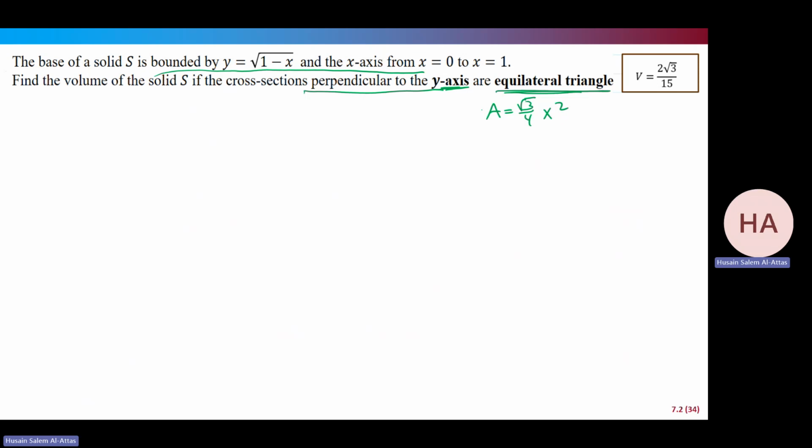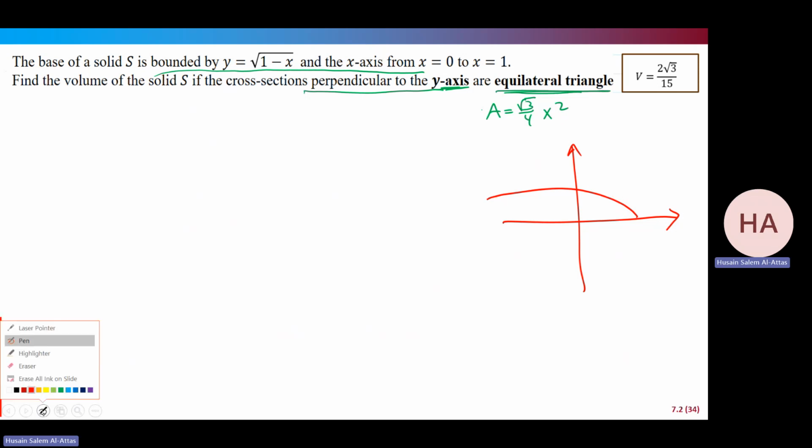So I grab the same function, which is this. Talking about this base, but be careful here. I want it to be perpendicular to the y-axis.